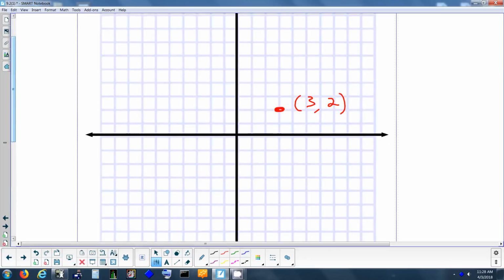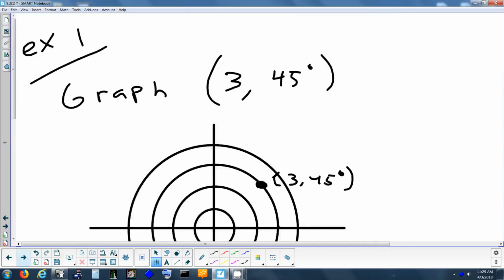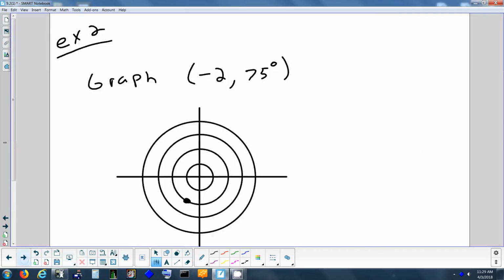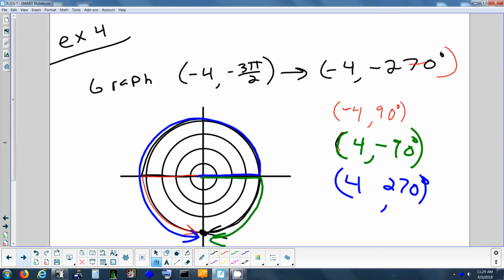Like we just did. We came up with 4 different ways to get to the same spot. Can you do that here? No. Okay. When you're doing this kind of graphing, there's one and only one way to get to exactly every point. When you do polar, there are 4 ways to get to every point.